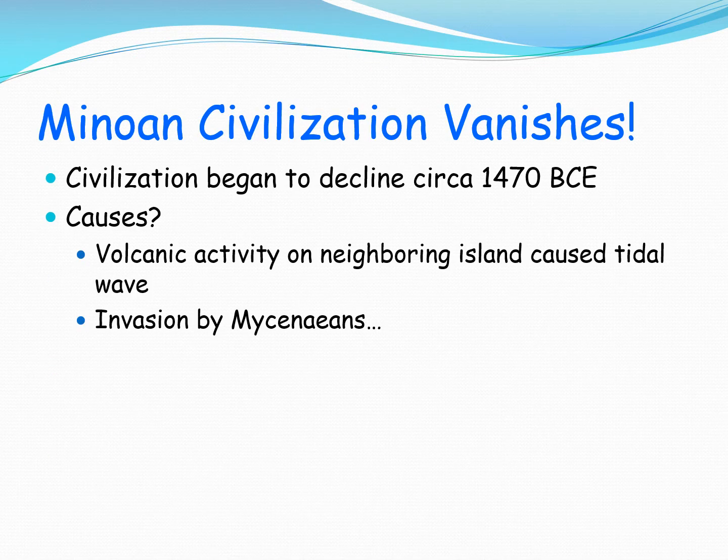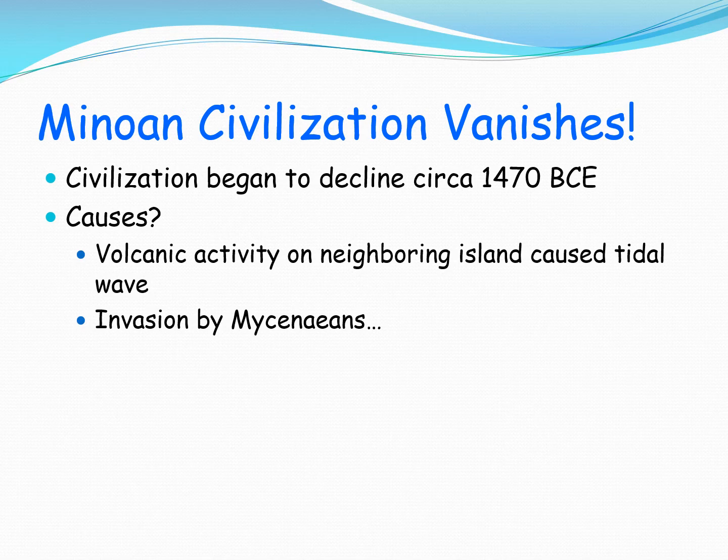Minoan civilization will decline circa 1470 BCE. Circa just means around. Okay, we don't know exactly what year, but close to 1470. Why did this happen? We think that volcanic activity on a neighboring island could have caused a tidal wave that really disrupted Minoan life.